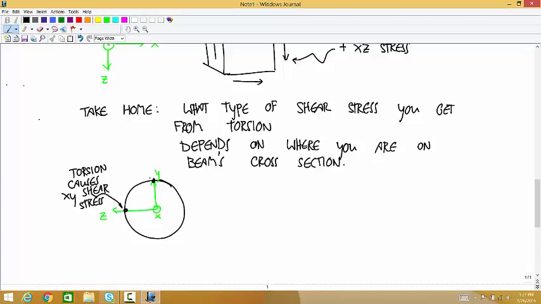A point here, torsion causes an XZ shear stress.